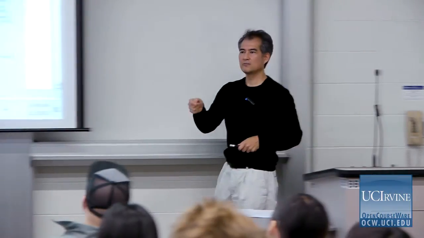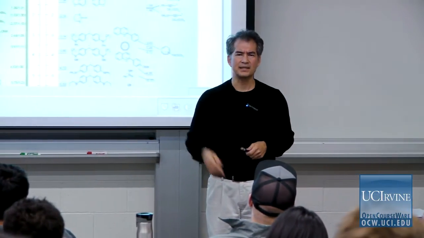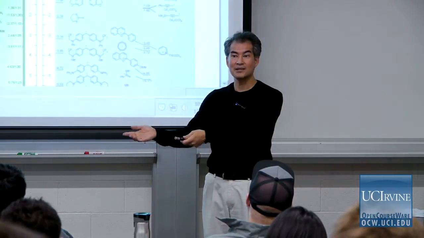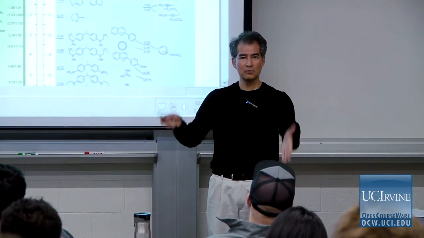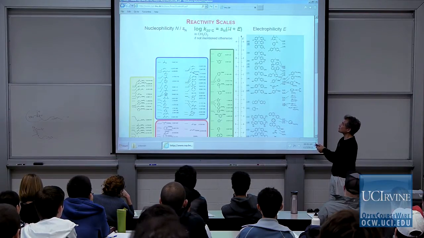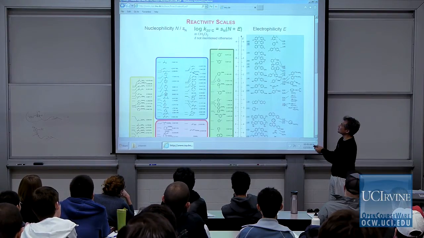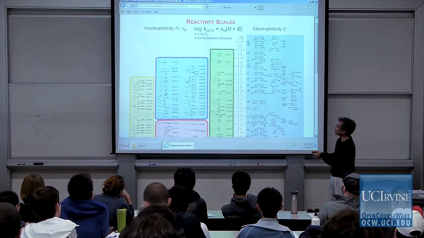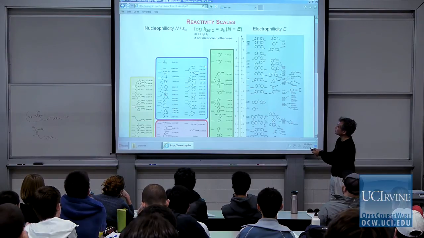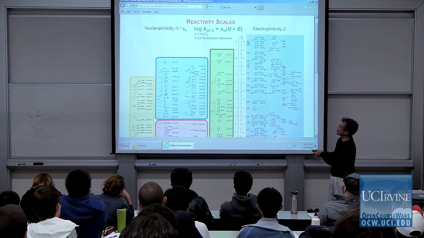What's powerful here is that you can predict the rates of reactions at room temperature. You can always extrapolate to higher or lower temperature. Things are faster at higher temperature, they're slower at lower temperature. But at room temperature, without having gone into the lab, you can predict which reactions are faster or slower by plugging in these numbers. You've got an electrophilicity parameter, you've got a nucleophilicity parameter here, that's these first numbers. The second number here is sort of like a fudge factor that varies just a little bit.